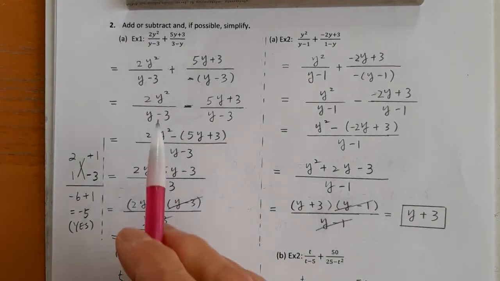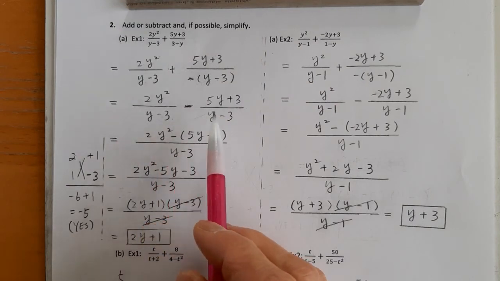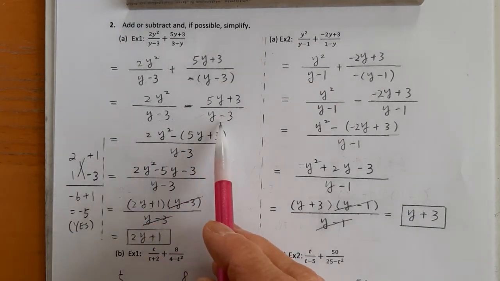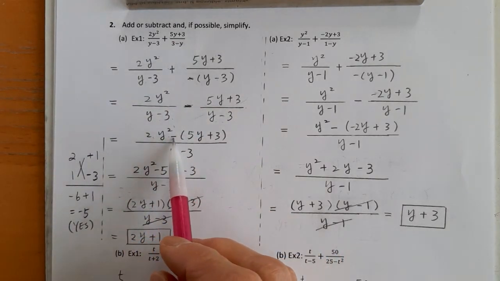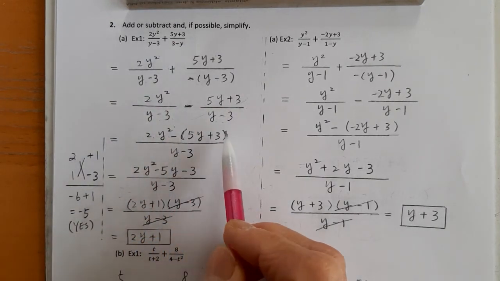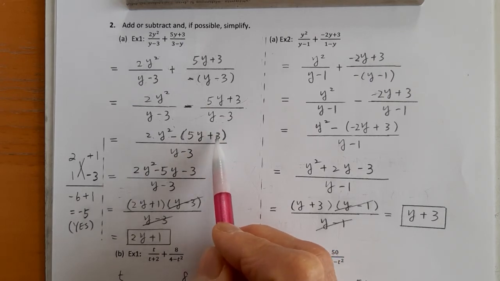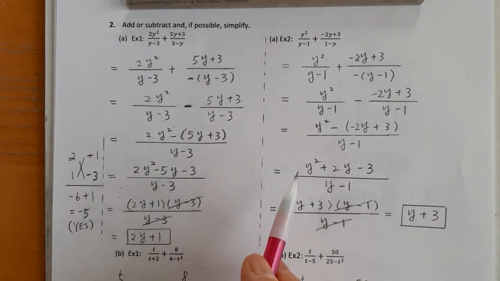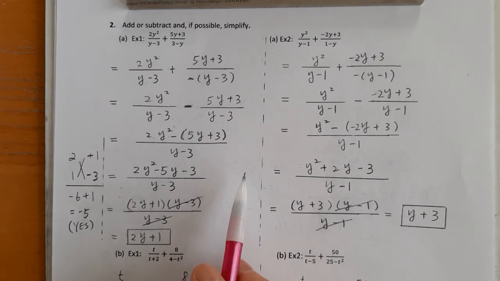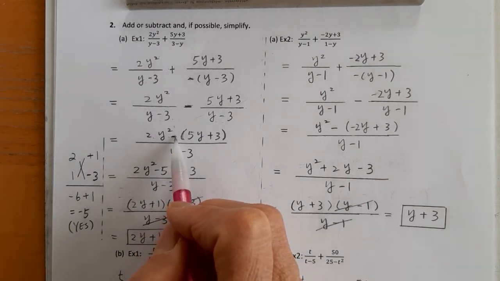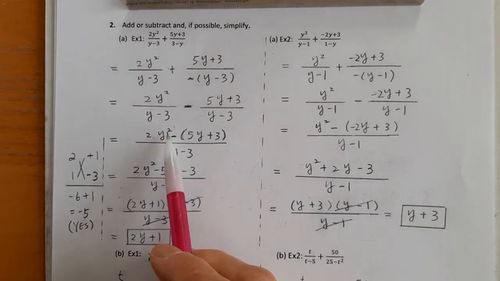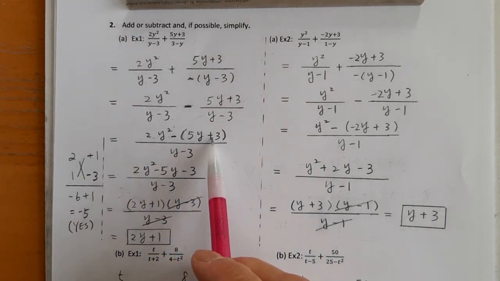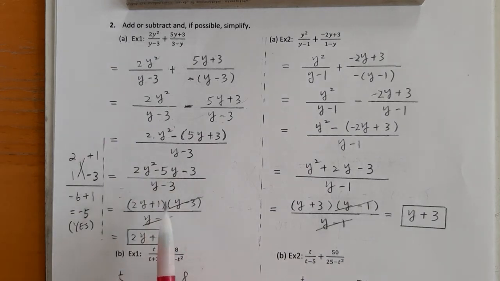Now they have the same denominator, y minus 3, so you can subtract the numerators. 2y squared minus, need to put the parentheses, 5y plus 3. Put the parentheses, and then remove the parentheses. Following the minus sign, need to change the sign. So 2y squared minus 5y, plus changes to minus, negative times positive is negative, change the sign.